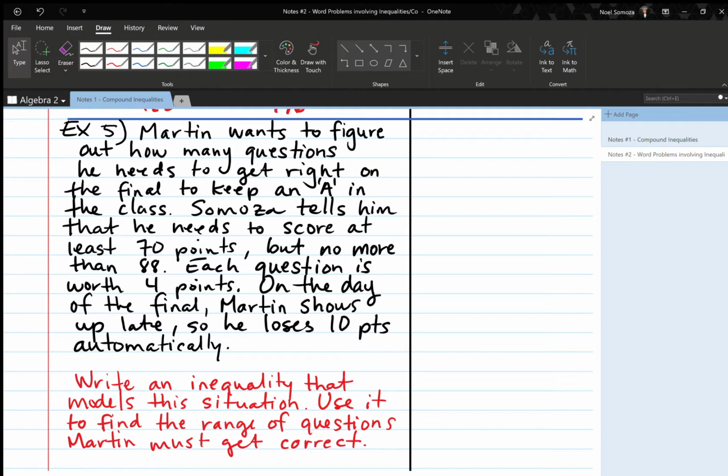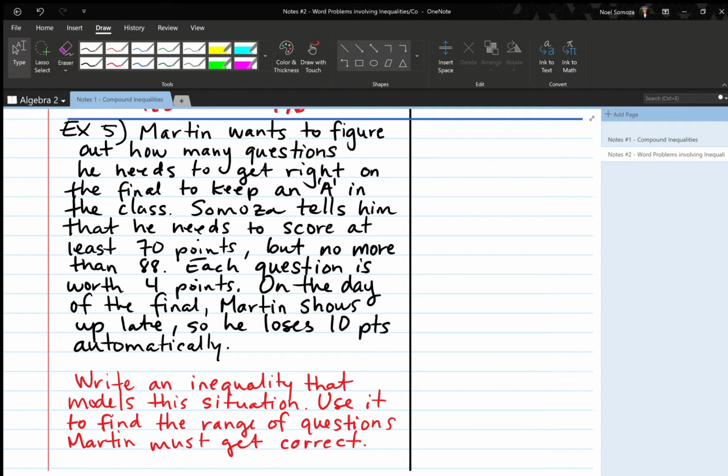Okay, what should you do first before you start? Find the variable, right? What's the variable going to be? What should it represent? What do we need to know?